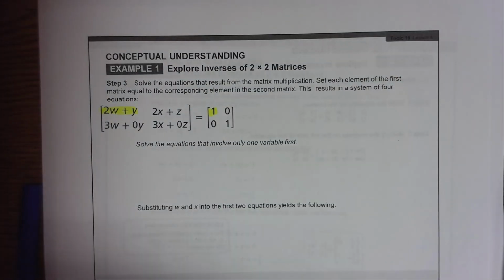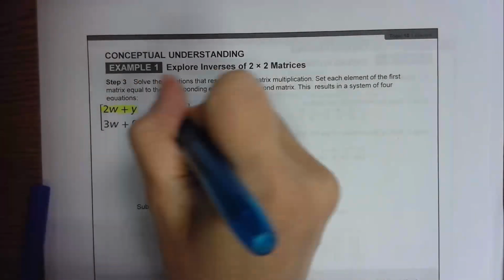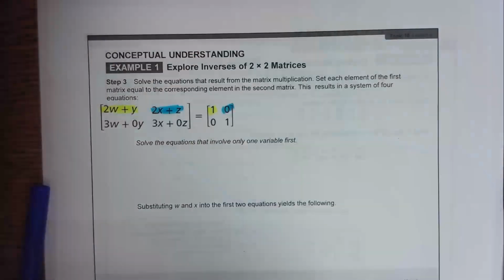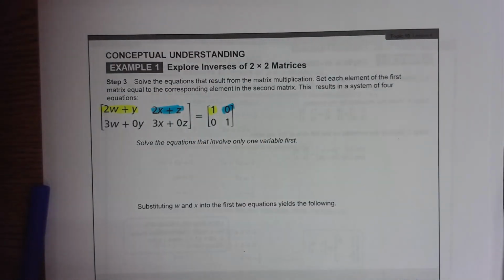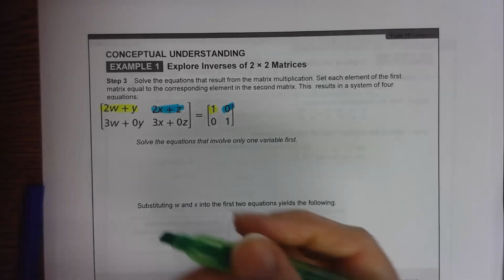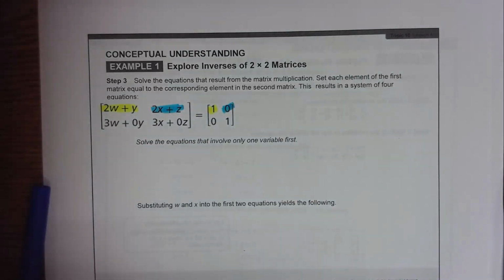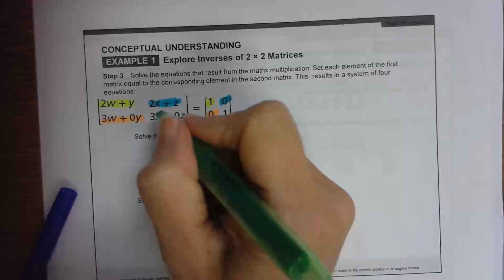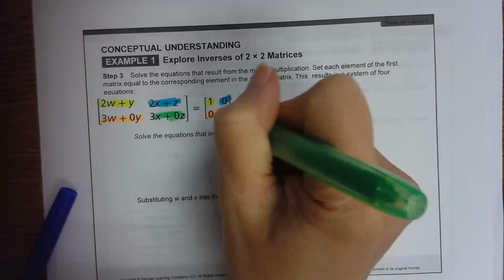I'm going to color code them. This one matches this one. That's first row, second column in the first matrix and first row, second column in the second one. And this one is equal to 0, and this element corresponds with this element.